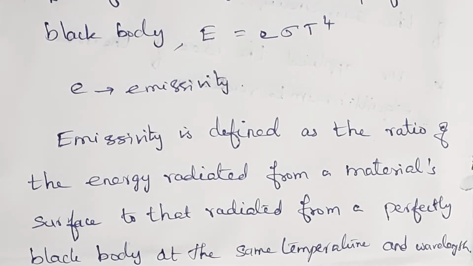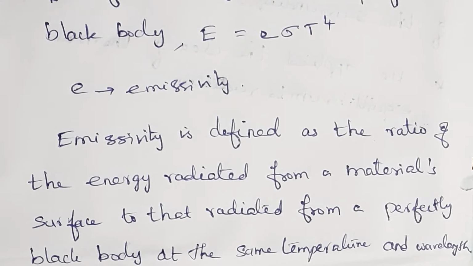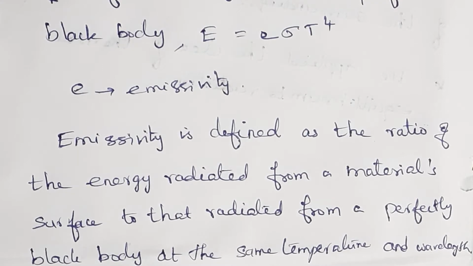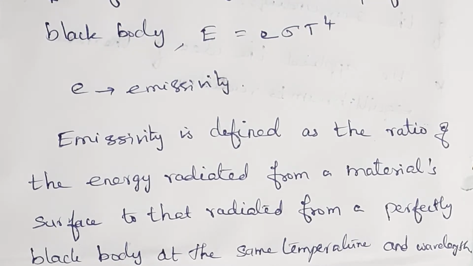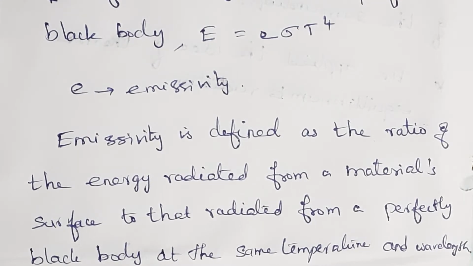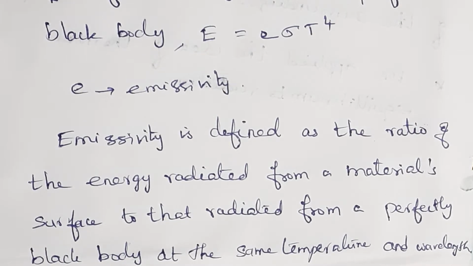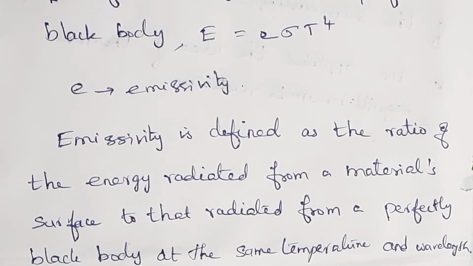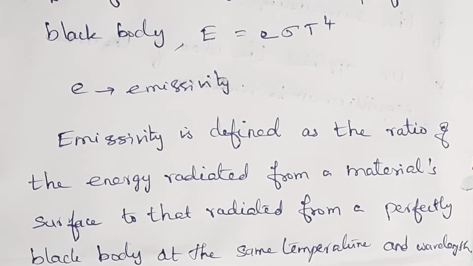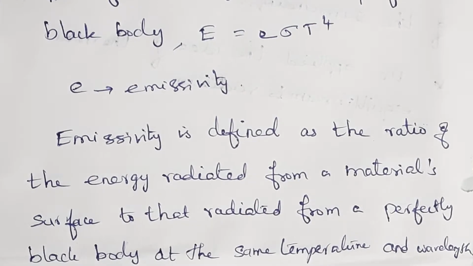If the body is not a perfect black body, we use the formula E is equal to small e sigma T power 4, where small e is known as emissivity. The emissivity is defined as the ratio of the energy radiated from a material surface to that radiated from a perfectly black body at the same temperature and wavelength.